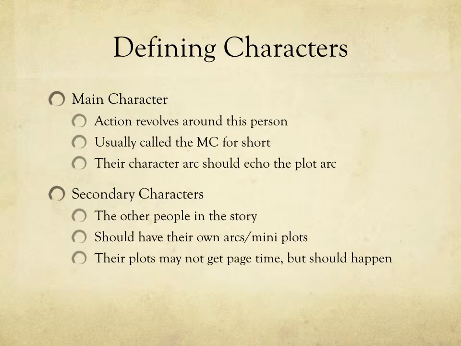So your main character will have those decision points on the page and on screen, whereas your secondary characters may have just as important decision points, but they won't be on the screen. So the reader won't see those decision points, and they won't follow them as closely as they do with the main character. Your secondary characters are basically everybody else in your story besides your main character.